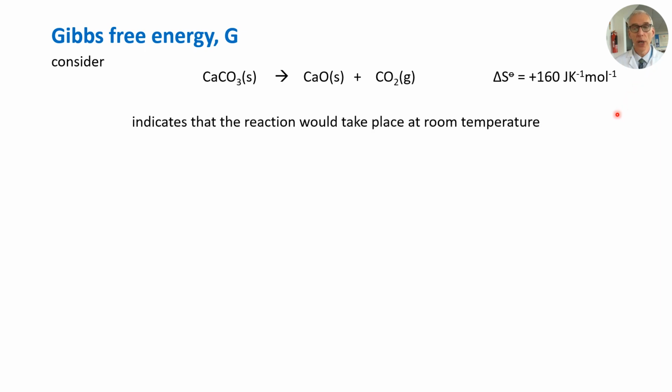However, we know that that reaction does not take place at room temperature. If you put a marble chip on the table in the chemistry lab, it will not decompose to calcium oxide and carbon dioxide. It has to be heated.